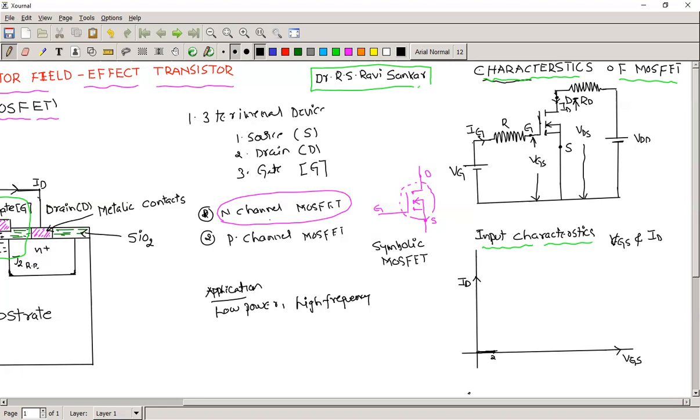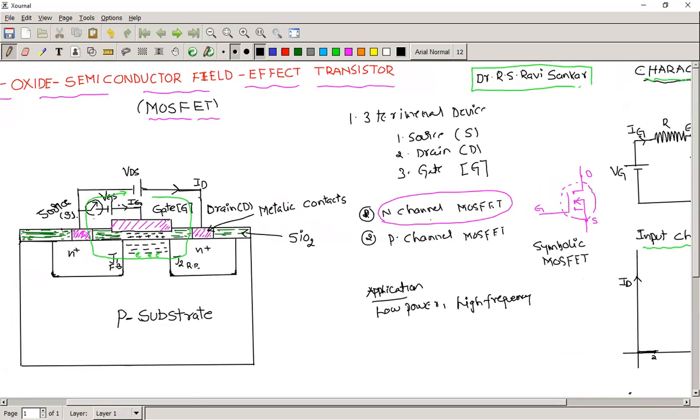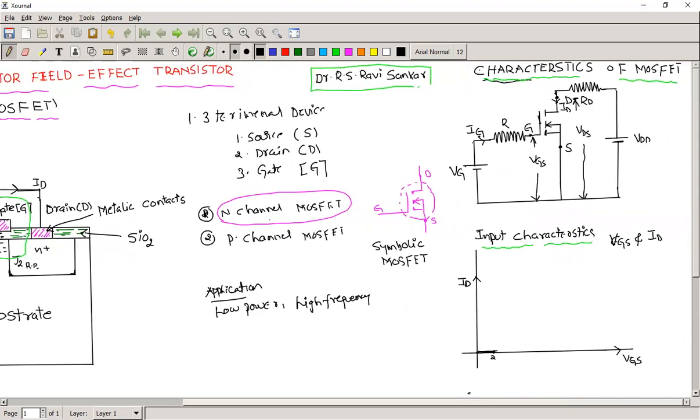But before that value, that voltage is not sufficient to create a field so that it accumulates charge carriers here. So at less than that voltage, the MOSFET will be operating as an open switch.